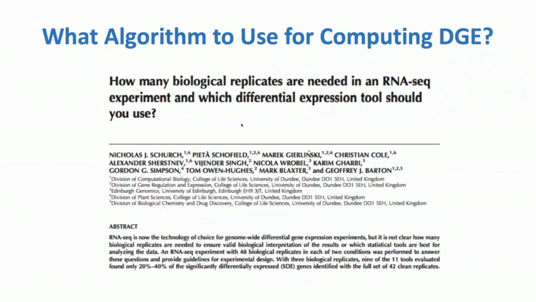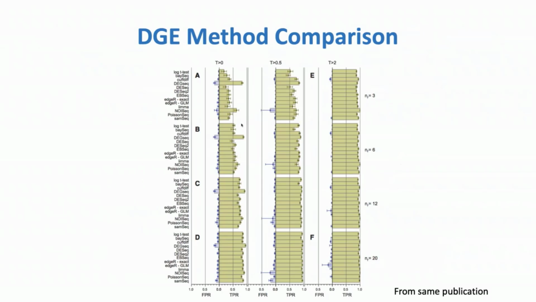There's a nice study comparing all these different algorithms, asking how many replicates you actually need to reliably detect differentially expressed genes, and the answer is 6. But of course, no biologist will be willing to do 6 experiments, so it's a little bit of a dream.